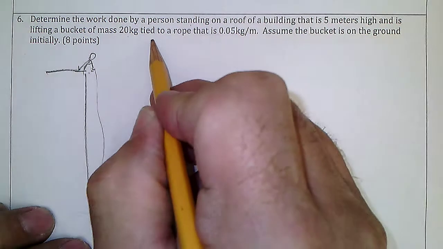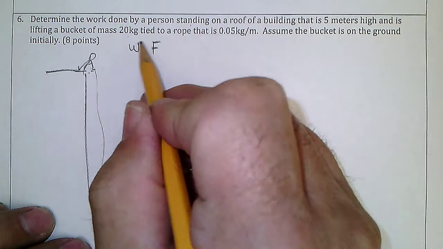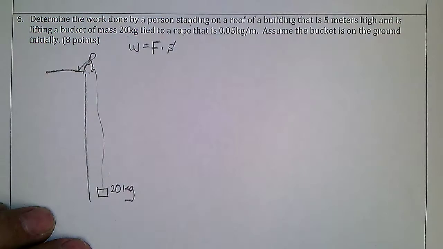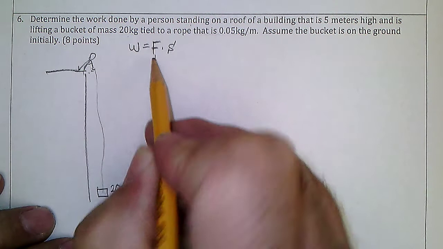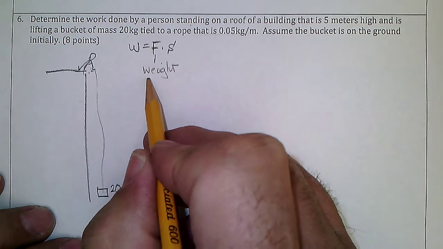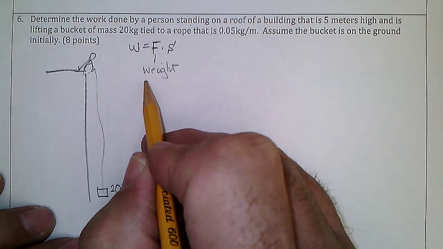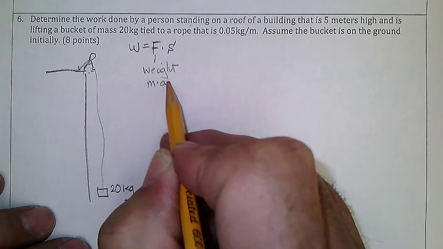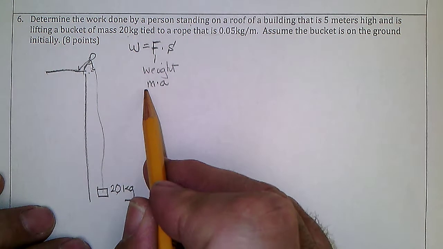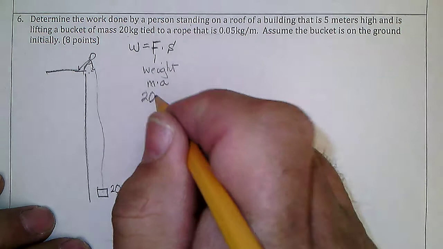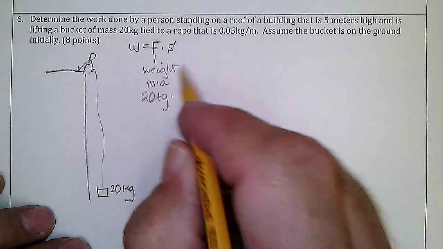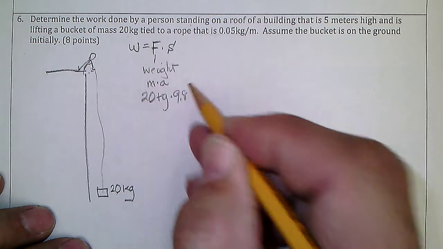So work is force times distance. And force is mass times acceleration. And since we're working against gravity, the mass is 20 kilograms times the acceleration due to gravity, 9.8.